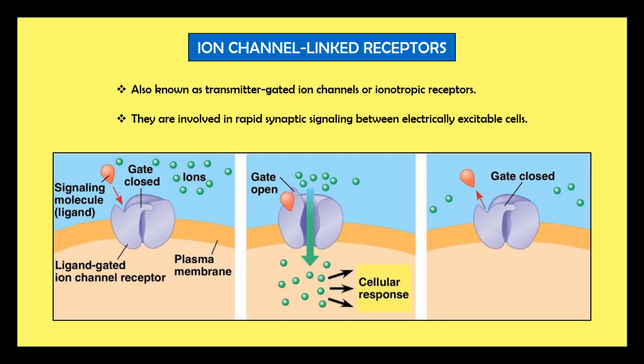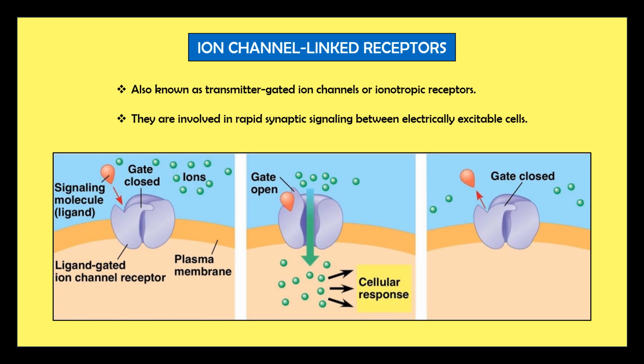And after the work is done, there is removal of the ligand from the ligand gated ion channel receptor. After it gets separated from the receptor, the gate closes automatically.